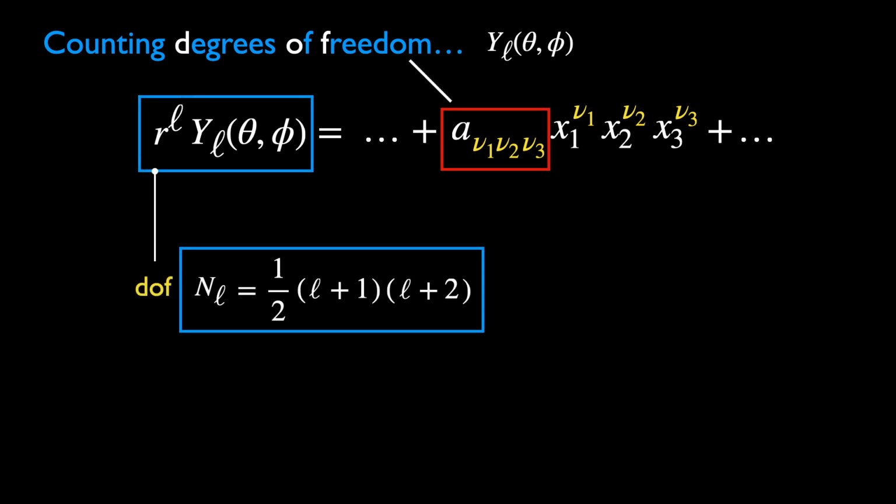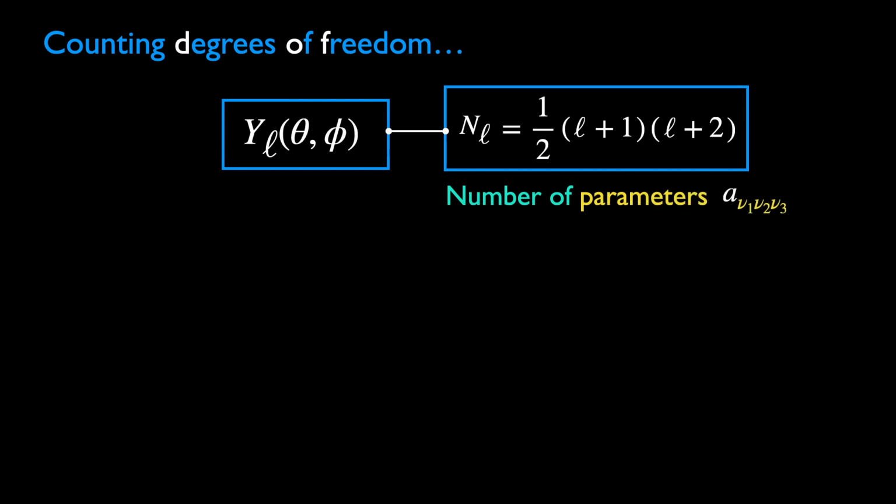Thus we have the total number of degrees of freedom in the function Y_L. This is the number of distinct coefficients a in this polynomial. Y_L is the initial function not yet subjected to the constraints of the Laplace equation.